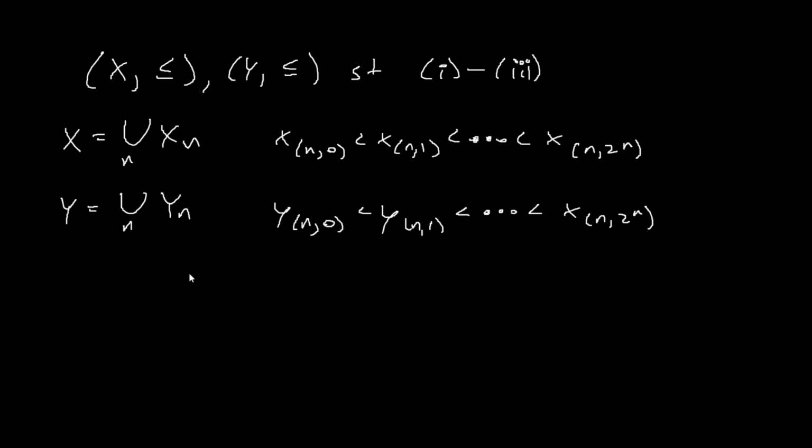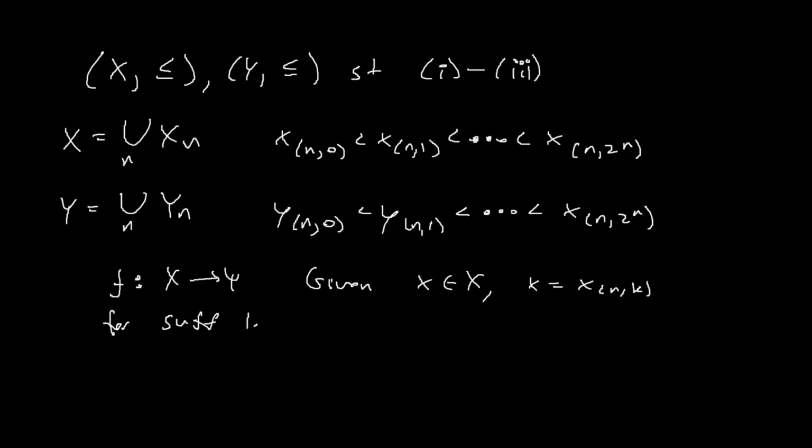And given this, we simply define the map f from X to Y. Given an element x in X, we know that x equals xn comma k for some sufficiently large n.